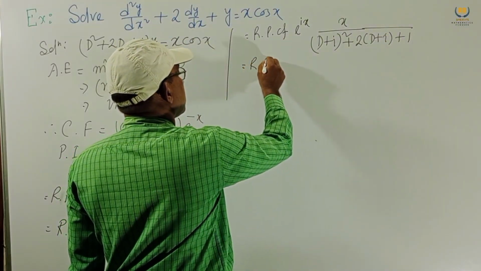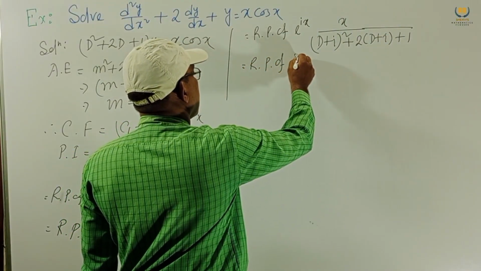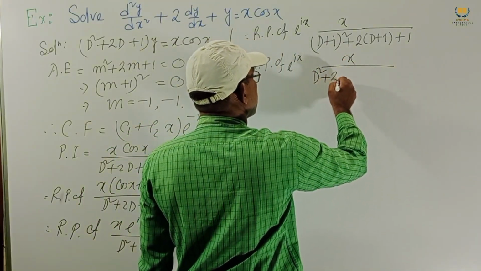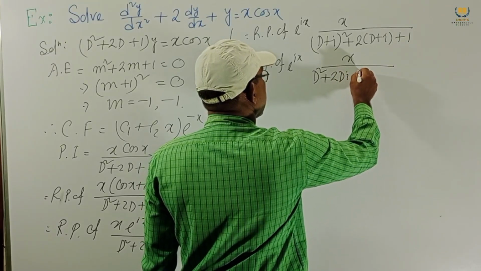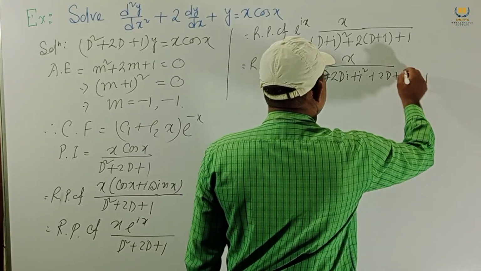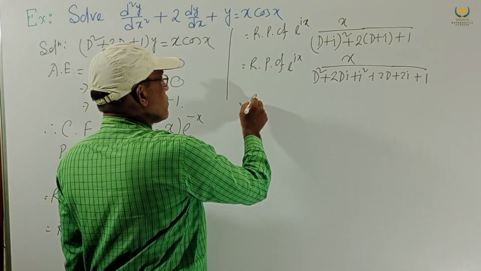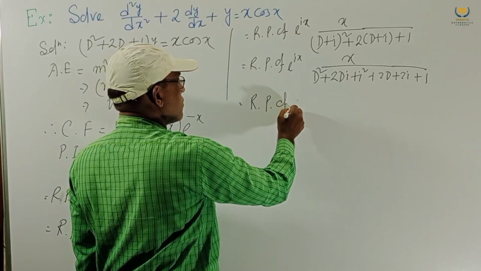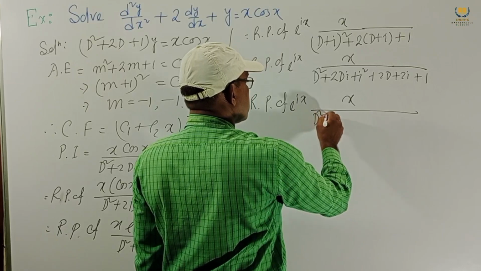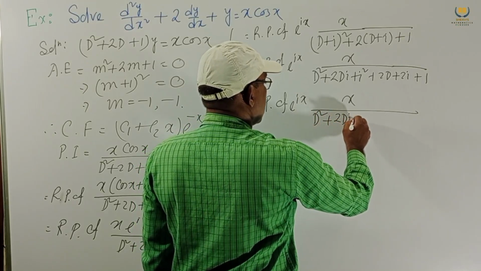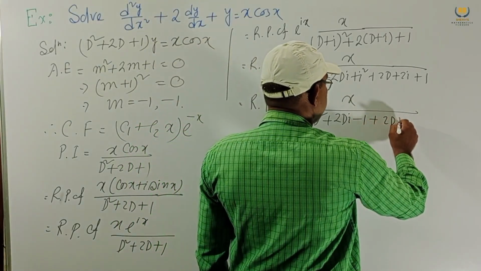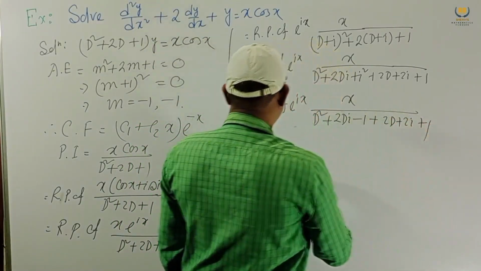This is real part of e to the power ix, 1 by (D square plus 2Di plus i square plus 2D plus 2i plus 1) x, which is 1 by (D square plus 2Di minus 1 plus 2D plus 2i plus 1) x, since i square is minus 1.